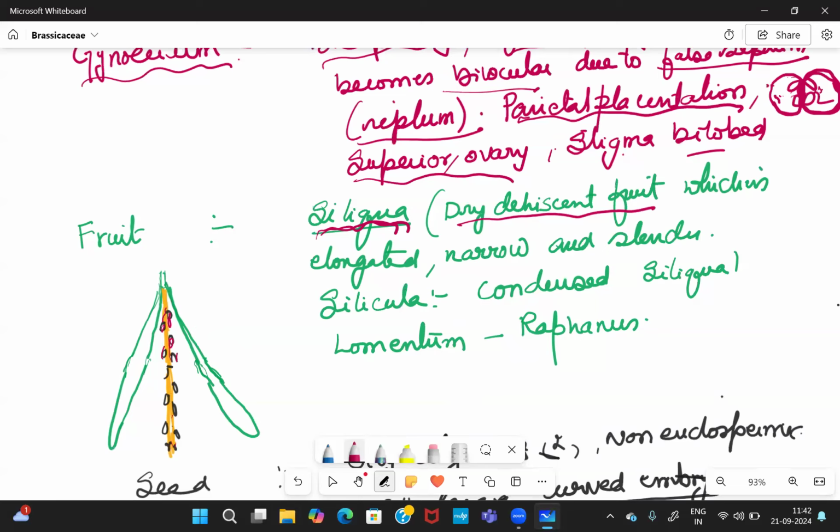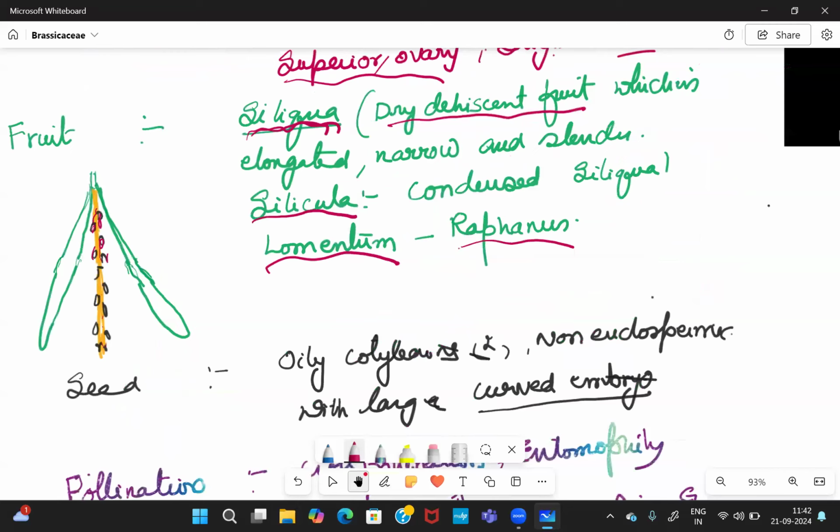Siliqua is elongated, narrow, and slender. Silicula is another one, a condensed siliqua. And lomentum, you can see in Raphanus. That is also a dry fruit, a schizocarpic fruit.